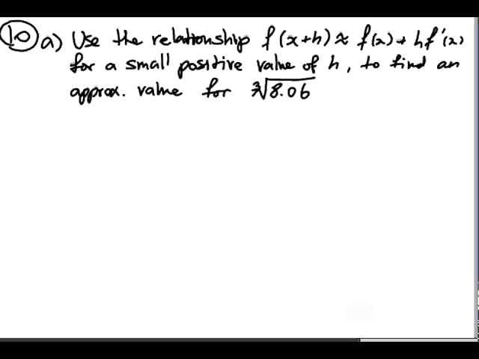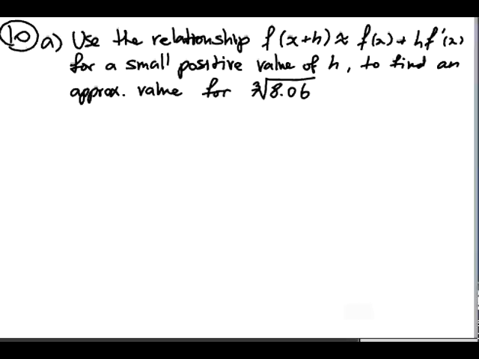But anyway, knowing this relationship, you say, okay, there's a function I'm trying to approximate here. What do you reckon that function could be? You want the approximate value for the cube root of 8.06, right?